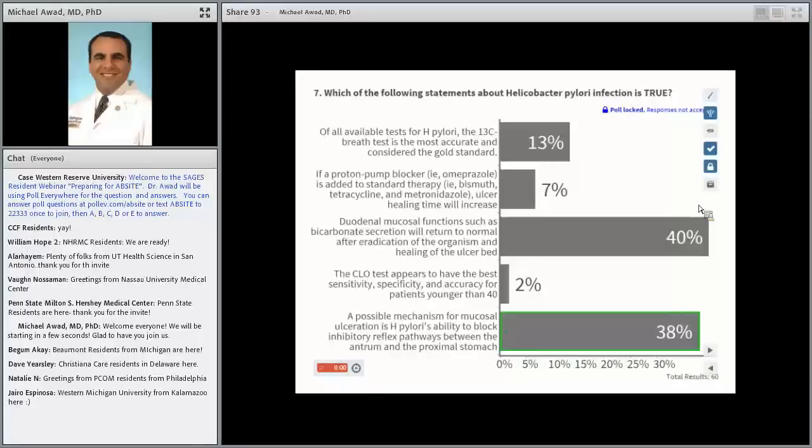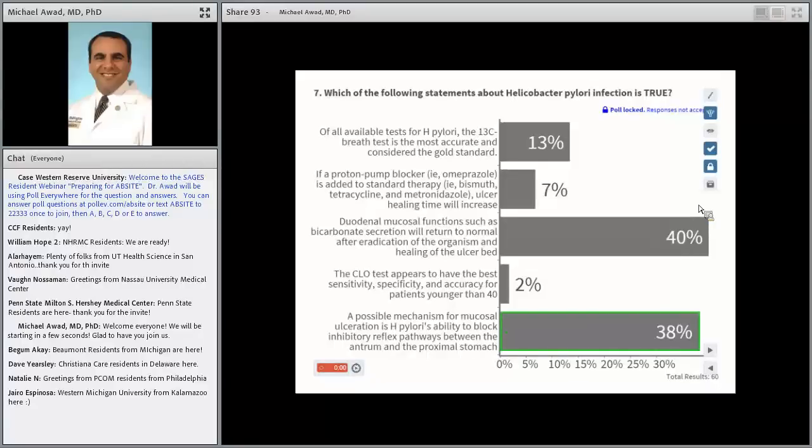H. pylori infection causes scarring of the duodenal bulb, which can replace the normal villus surface with functional metaplasia of the mucus that doesn't work as well, such that it doesn't secrete duodenal bicarb even after the H. pylori is eradicated.